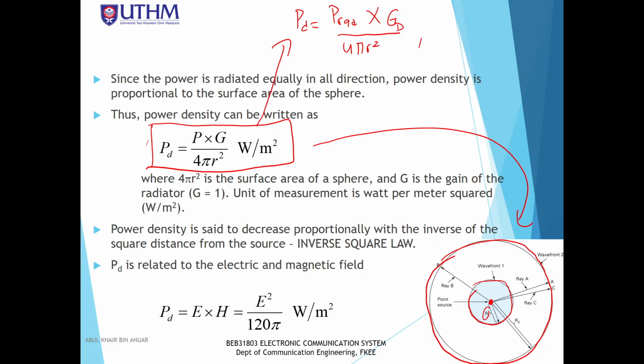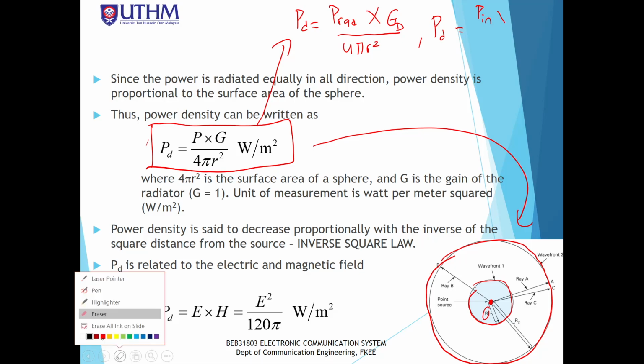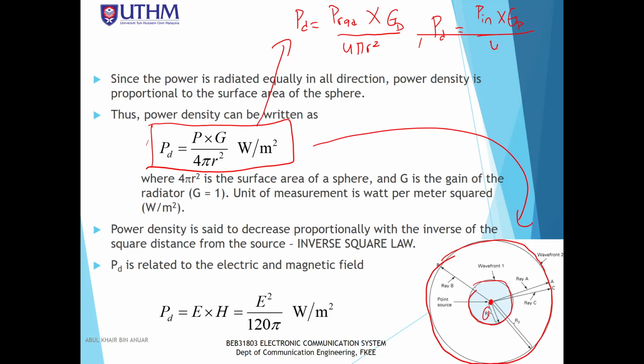Or you can also write PD, power density, equals P input multiplied with power gain GP divided by 4 pi R square.